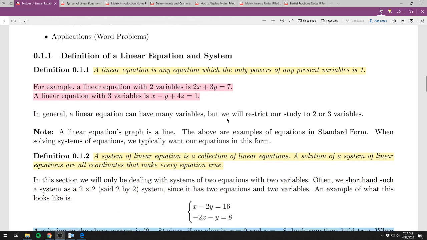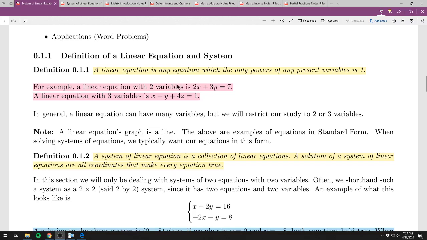All right, a lot of little things in the background of this section. What a linear equation is. A linear equation is any equation in which the only power of any present variable is 1. I have an example here, a linear equation with two variables, something like having an x and a y, but with no powers.